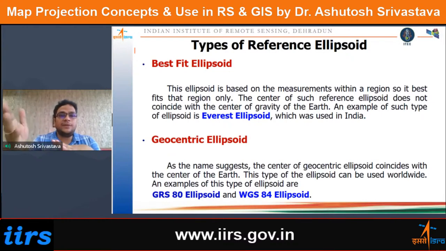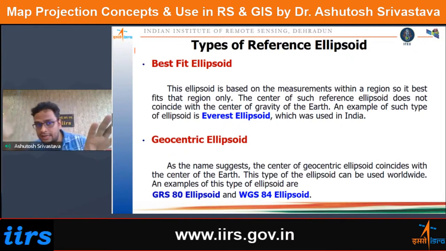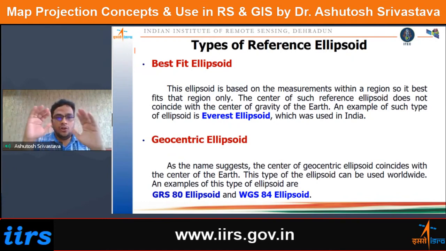An ellipsoid derived using local information may be more suitable for that particular region, and may not be suitable for other regions, because local information is used while deriving it.